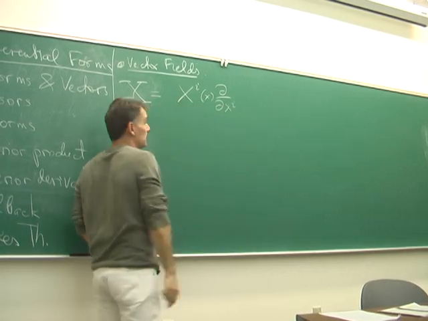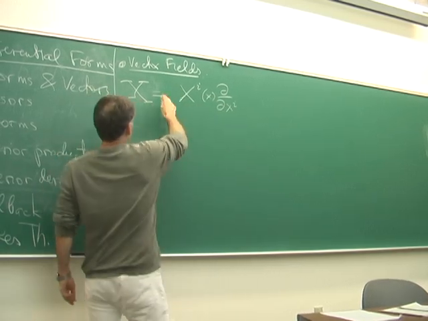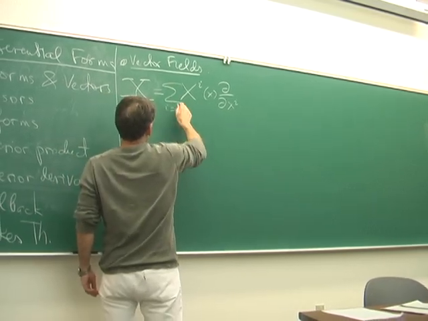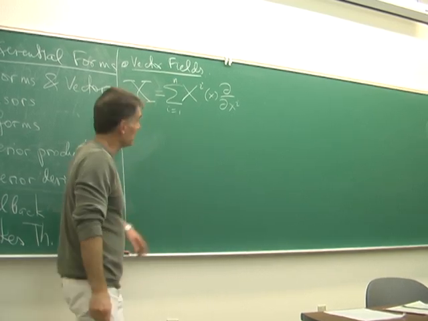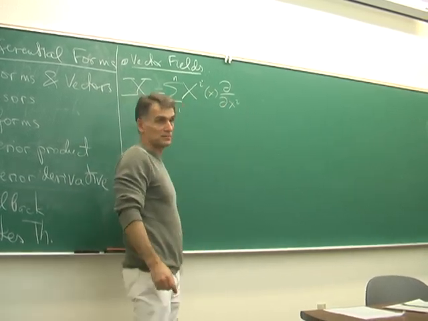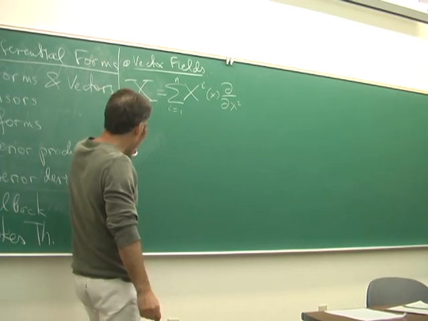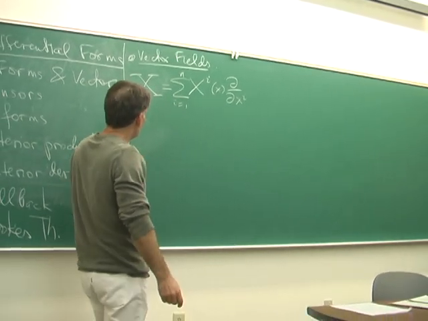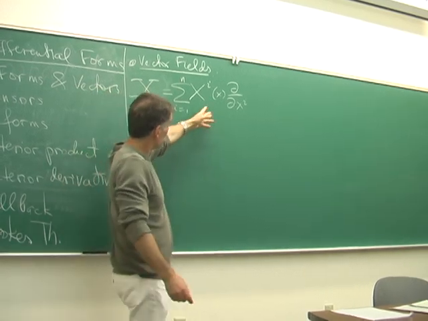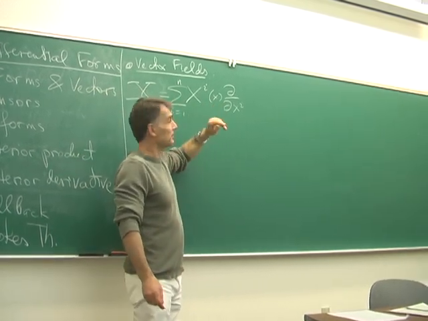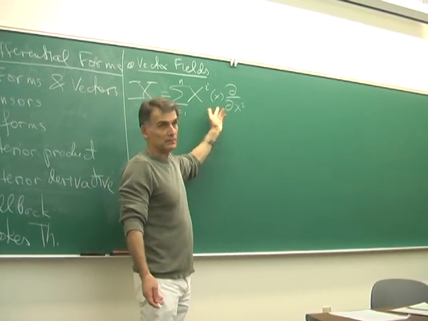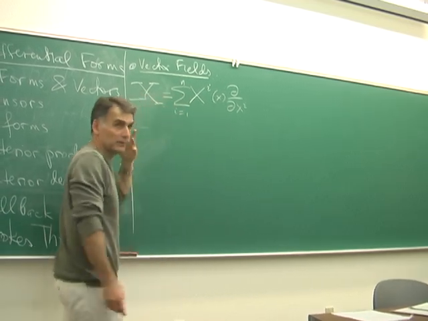There is summation over i, of course, from 1 to n. Over repeated indices, there will always be a summation. I'm not going to write it. So that's a vector field. It's a first order partial differential operator, but these coefficients are pretty much arbitrary functions, and there are n of them.